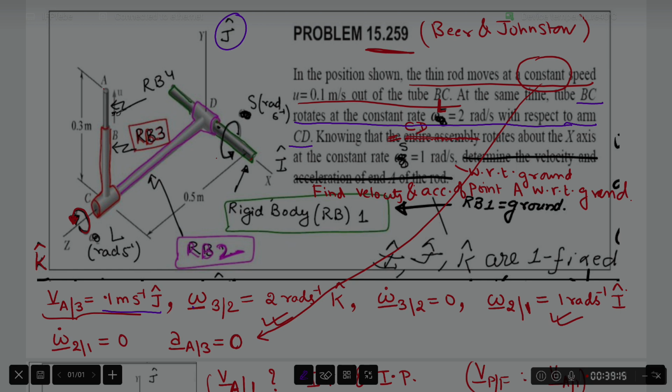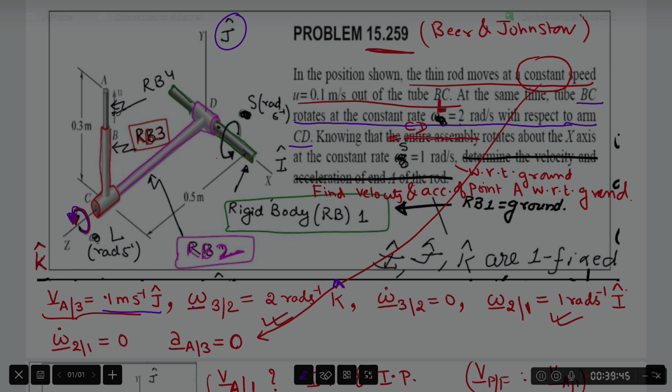So this number 2 radian per second should be 2 omega 3 2. And then the direction we infer by the arrows that have been shown on the figure. So this particular arrow is denoting the angular velocity of RB3 with respect to RB2. And that direction is plus k, and that is what I am putting here, plus k.